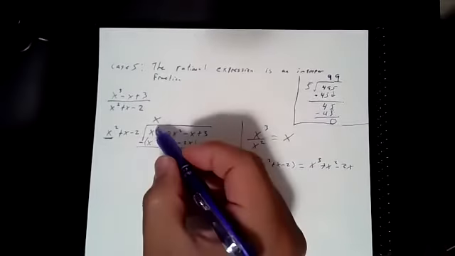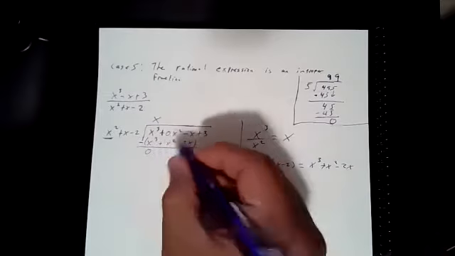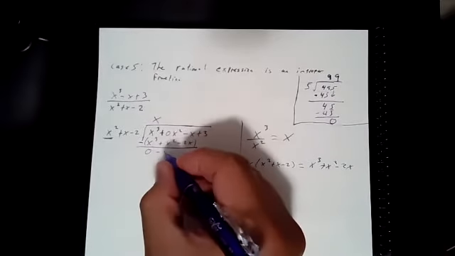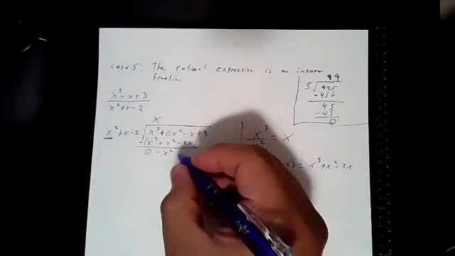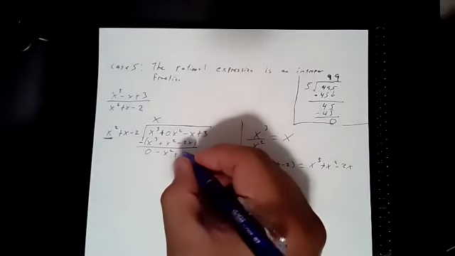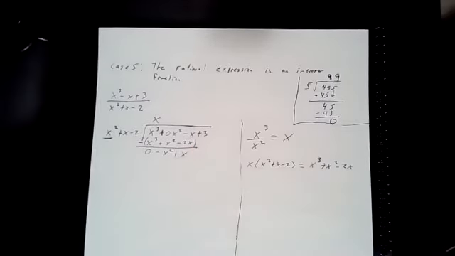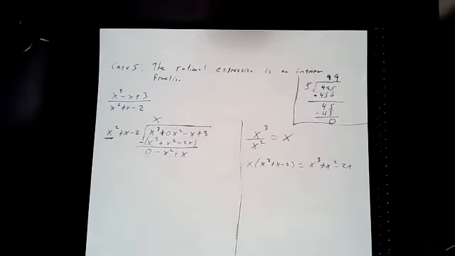So then x cubed minus x cubed is 0. 0 minus x squared is a negative x squared. Negative x minus a minus 2 is plus 2, so that is x, right? You have to be very careful with your signs.